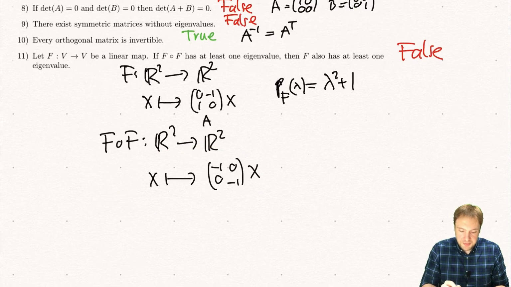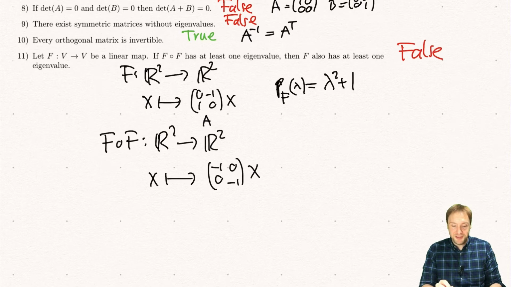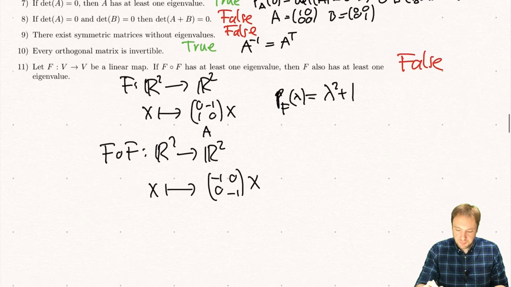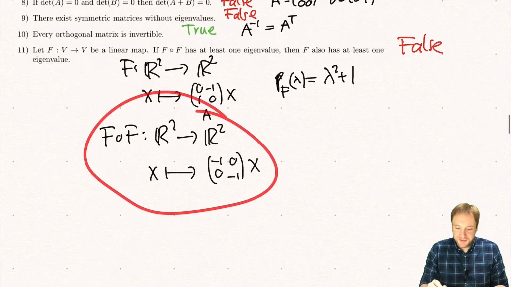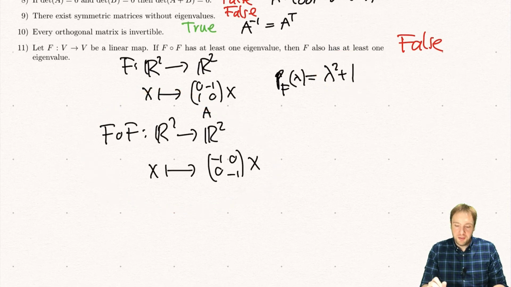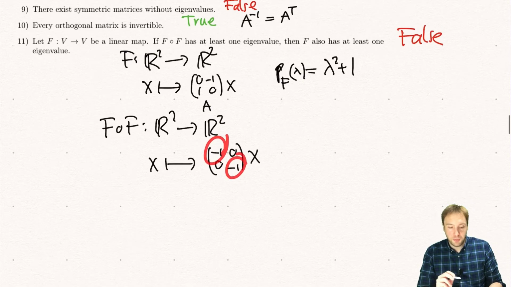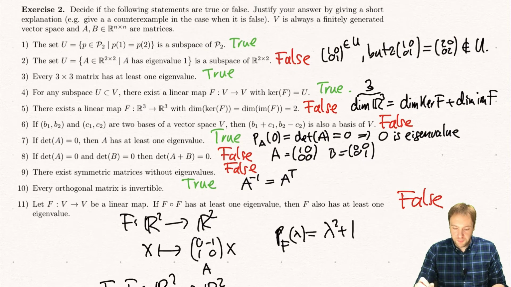So in this case, applying F twice, F circle F has an eigenvalue, but F doesn't have an eigenvalue. Here we can see that the eigenvalues of this, if you allow complex numbers, are i and -i. And if I square i and -i, then I get exactly these -1s. Okay, so this is exercise 2 with true and false.